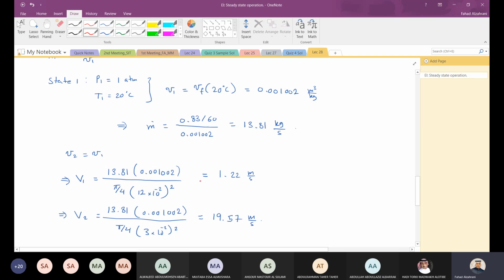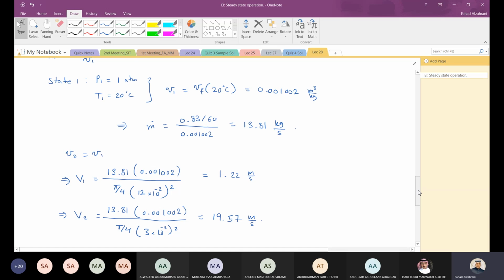If you use the smaller diameter, you can see that I have higher velocity. So at the exit, and we have talked about this last time, as you decrease the diameter, you actually increase the velocity. Okay, so basically the velocity at inlet is 1.22 meter per second, and that at the exit is almost 20 meter per second. Any questions about the first part?